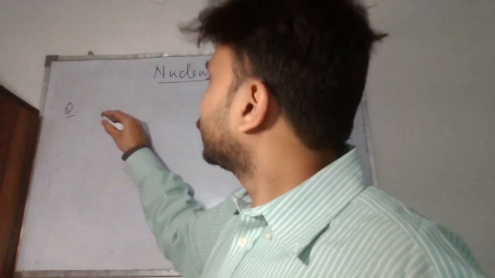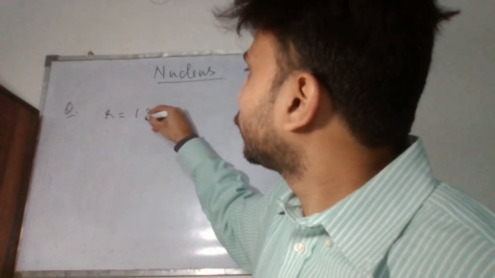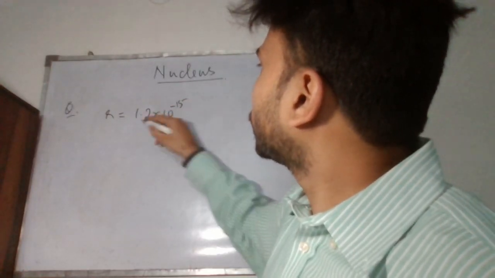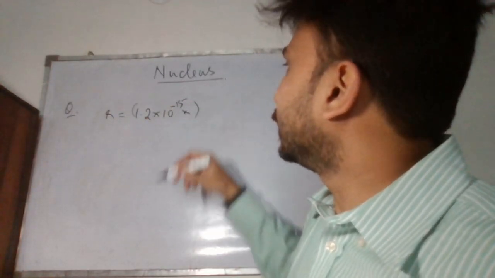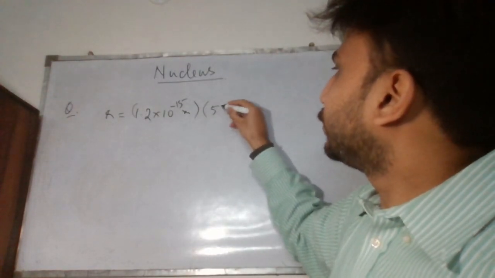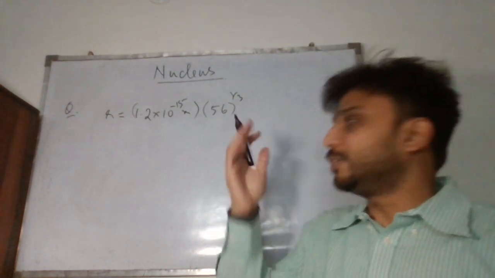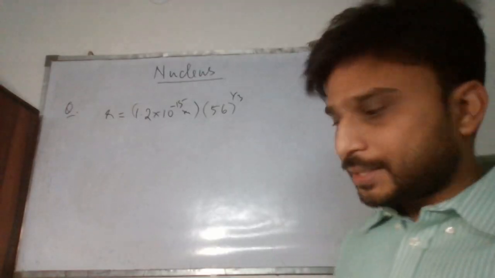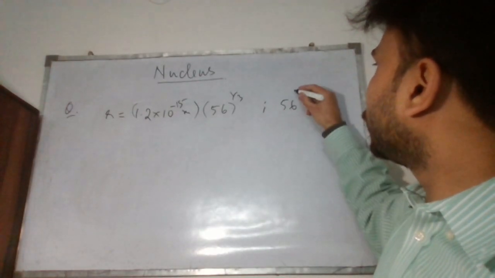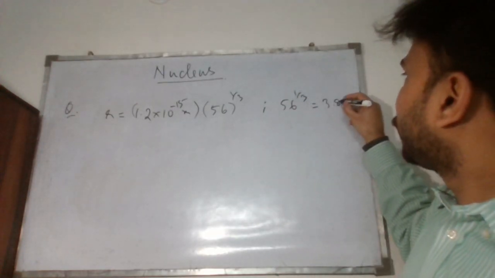So what is the radius? Radius would be 1.2 into 10 to the power minus 15 meters into 56 to the power 1 by 3. Right, because that was our formula. So it is given to us that 56 to the power 1 by 3 is some 3.82.